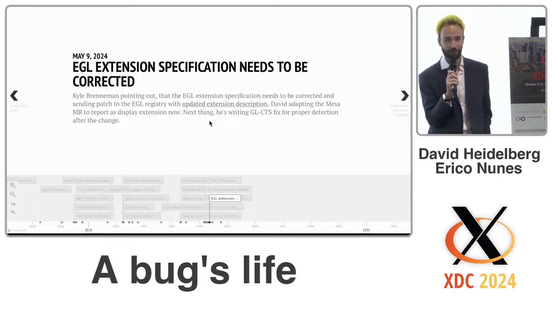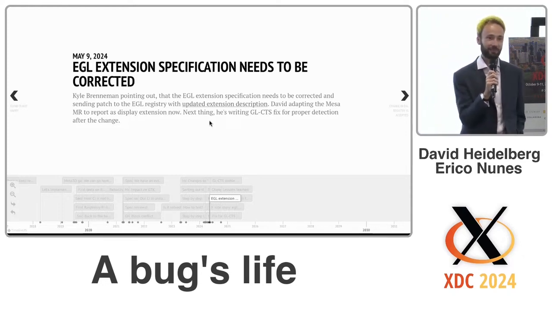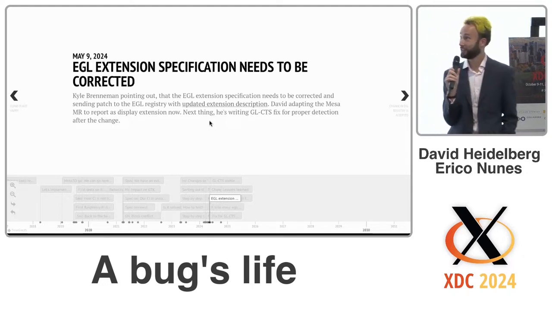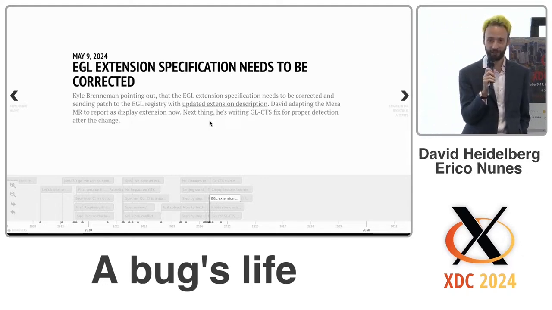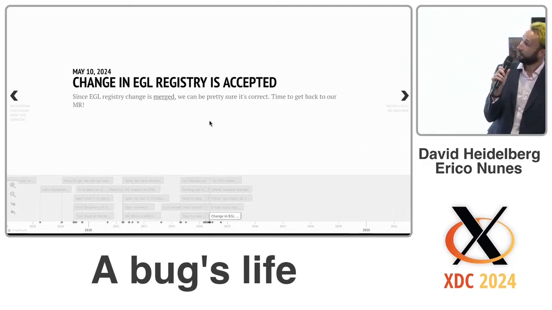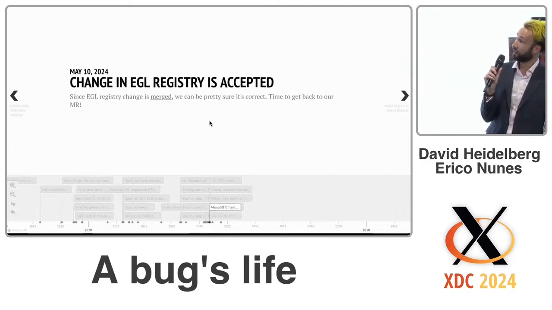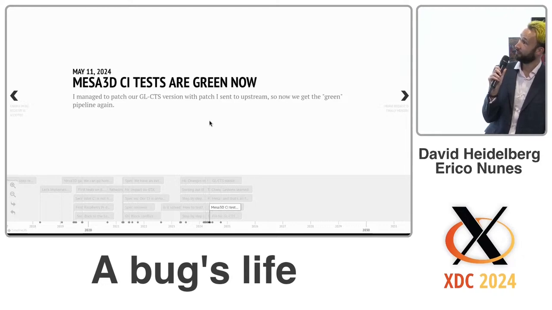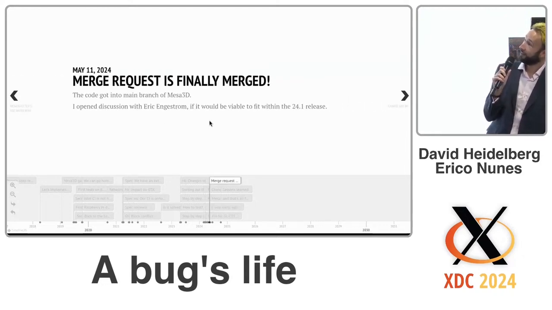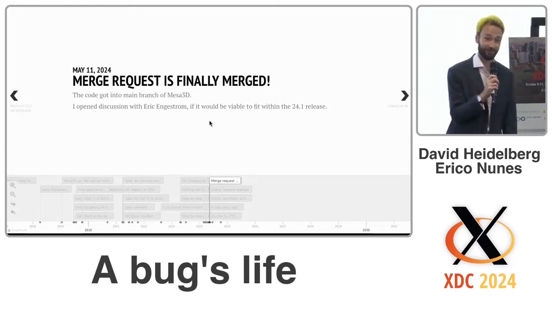It was originally a client extension, but it should be a display extension. So that means we don't need to do any change to GLVND, but we need to do a small change to the specification and fix it there, and a small fix to the CTS tests. So the change in the registry gets accepted. Our tests are green, Intel tests are green, and it's merged. Ta-da! What a lovely story.